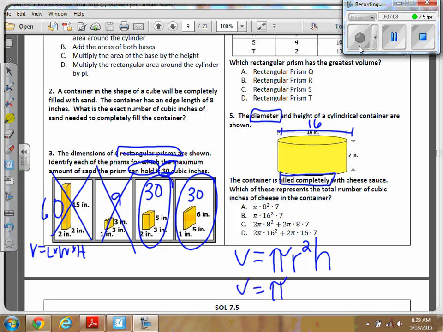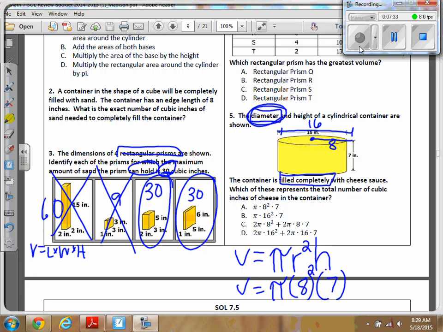Okay, well, we know that volume equals pi. Well, what's our radius? I know that the problem says diameter. So the diameter is 16. Radius is from the center to the outer edge, and the radius is half of the diameter. So if the diameter is 16, I know my radius is 8. So I'm going to plug in 8 where my radius is.